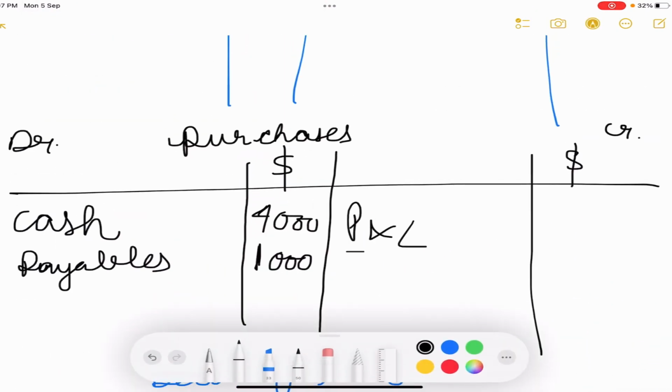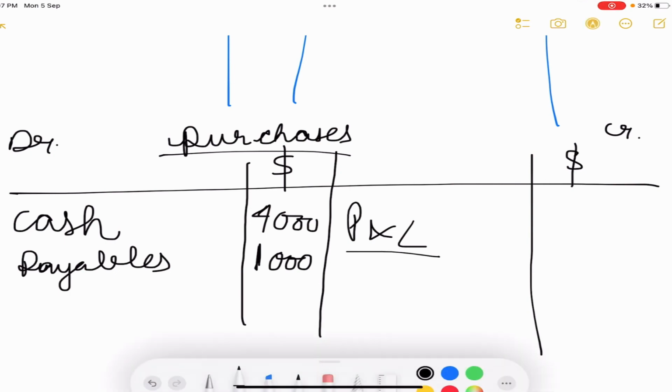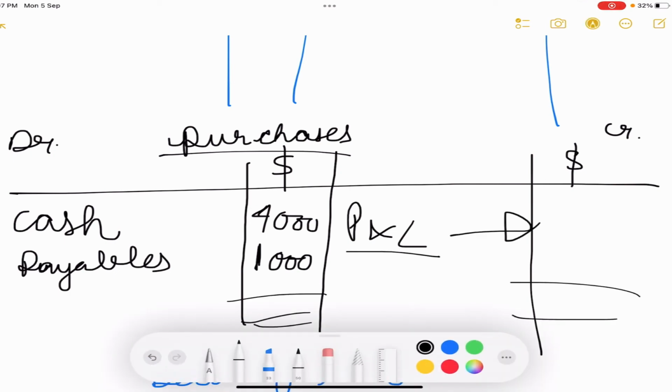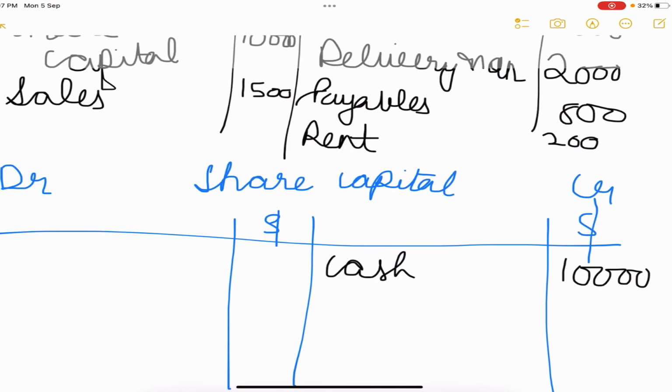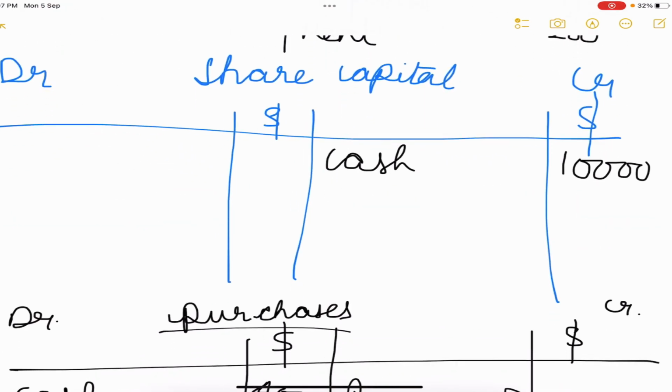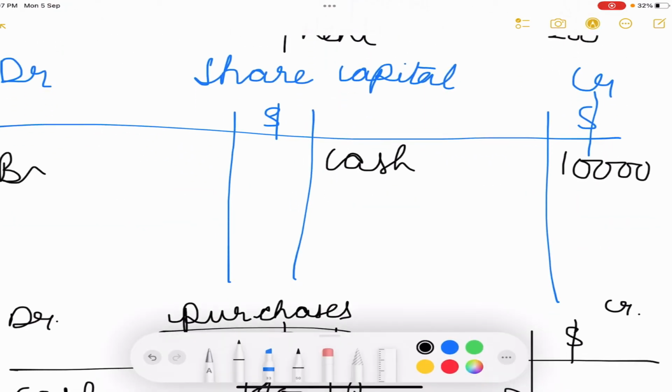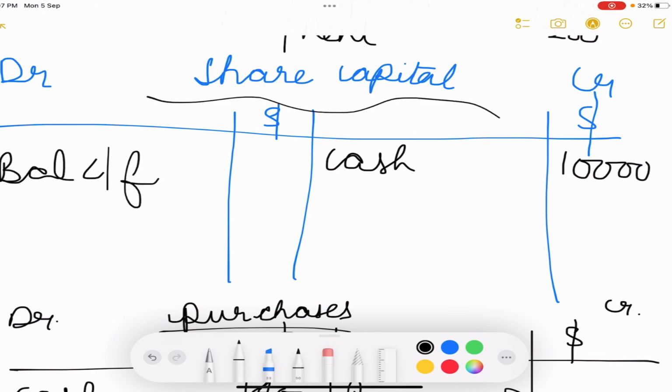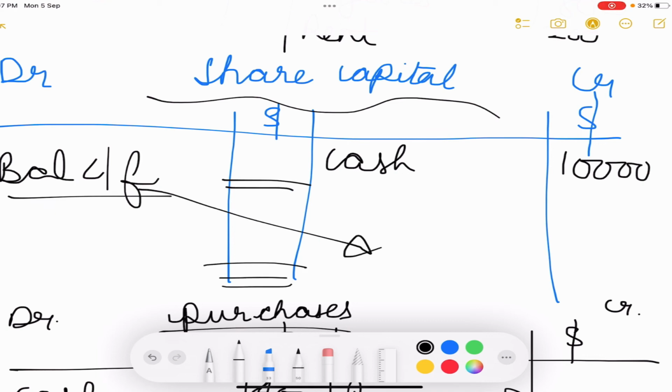P and L account. Why? Because it is in the operating activity. Here you can do the balancing, and that's it. Then you have a share capital. So share capital also has a balance CF. Why? Because it is capital, right? It is a share capital. So you balance it down here and then bring it down here as balance brought forward.